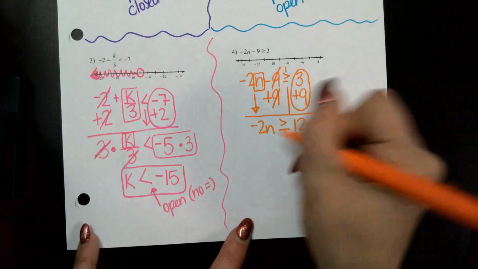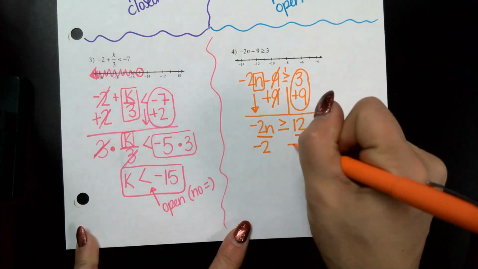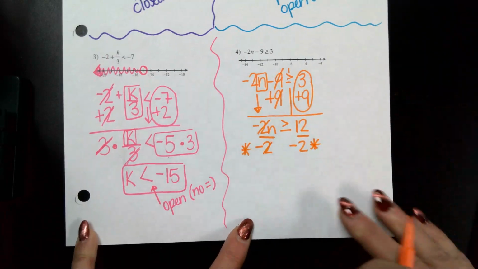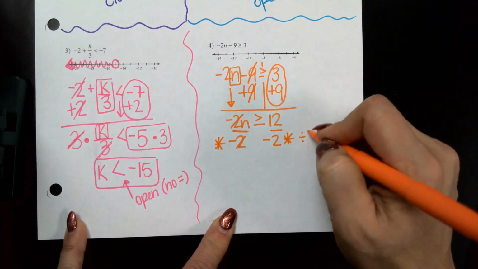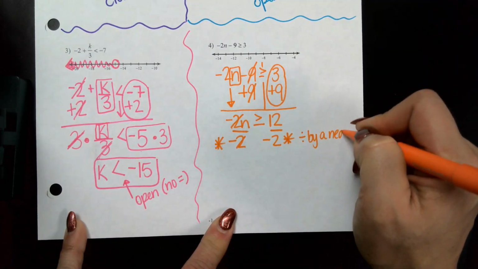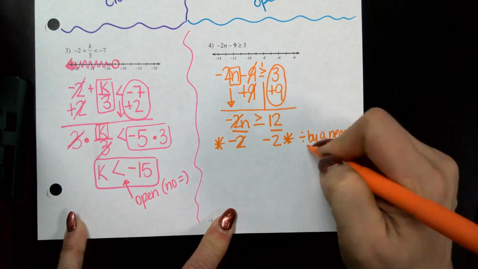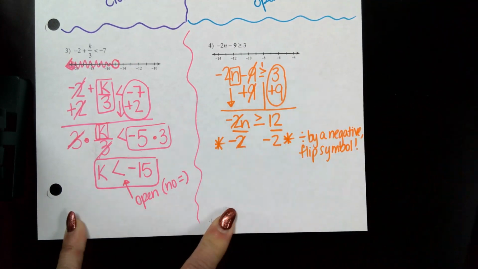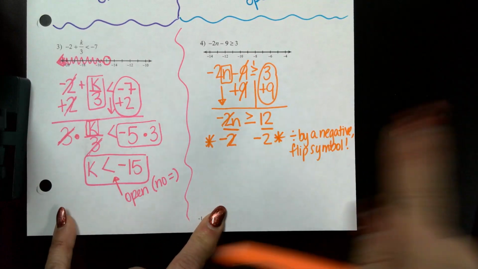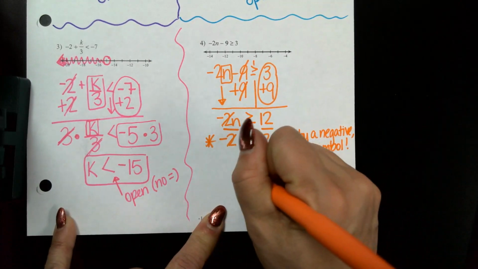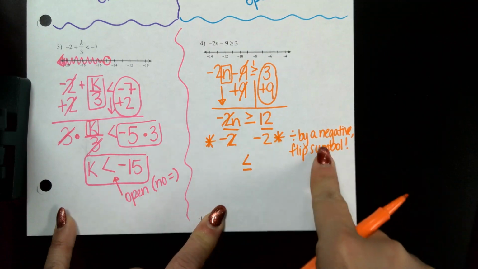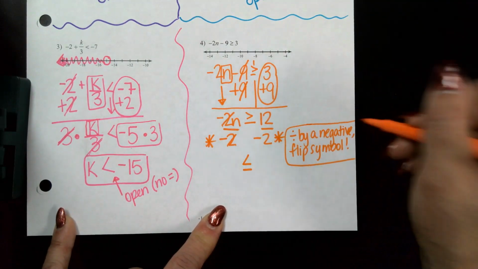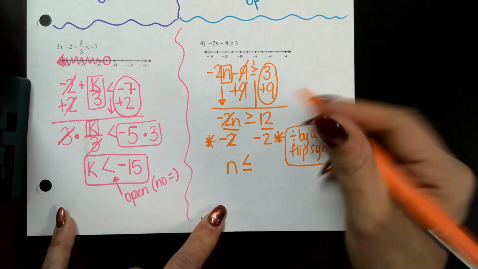Divide by? Okay, you might want to make a little note right here: divide by a negative, flip symbol. You are going to see my greater than symbol flip around to less than or equal because we divided by a negative. What is that?